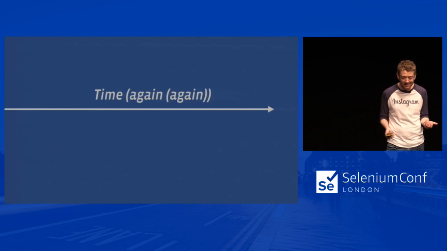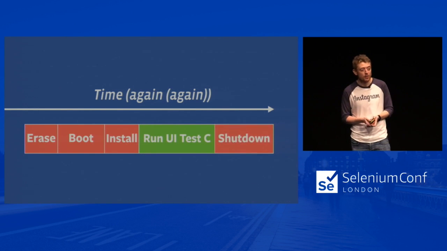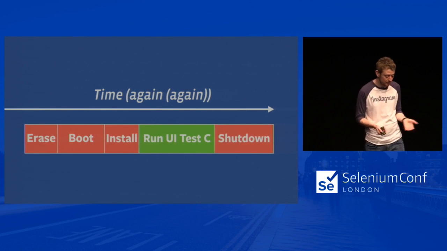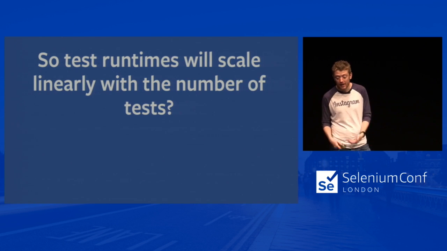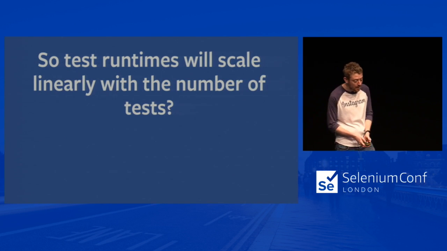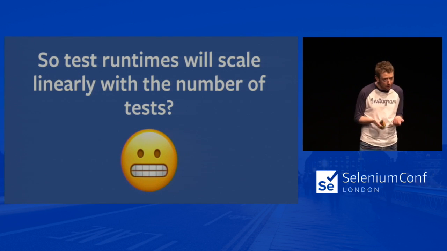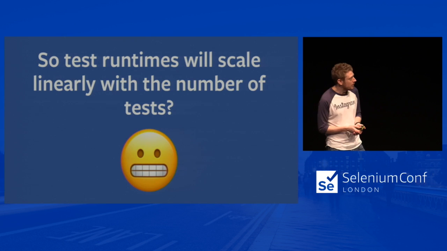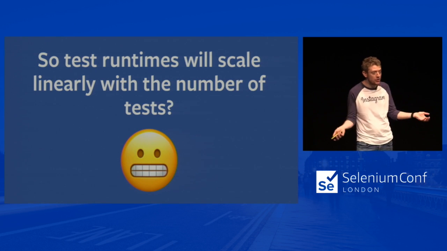If we want to run again, we erase, we boot, we install, we run UI test C, and then we shut down. So this means that test runtimes will scale linearly with the number of tests. And linear scaling can be okay a lot of the time, but when you want to scale the number of tests that you run and the number of times that you run them and when you run them, this soon becomes an issue.